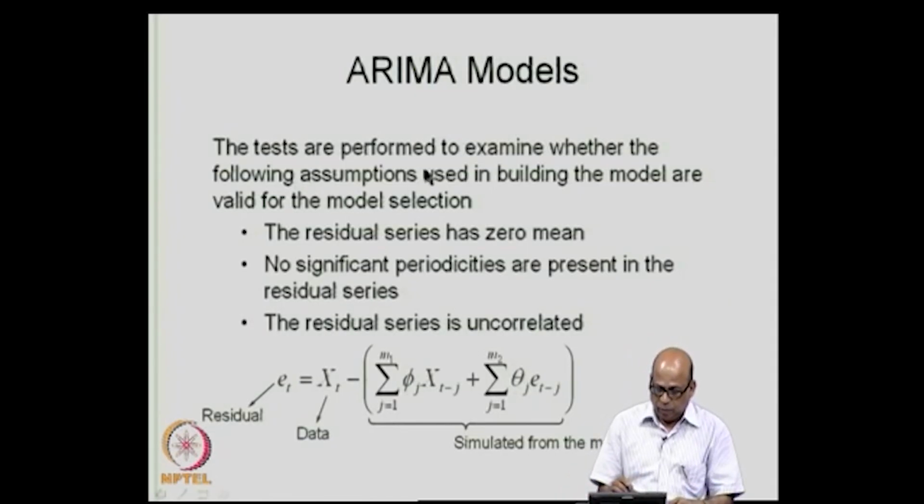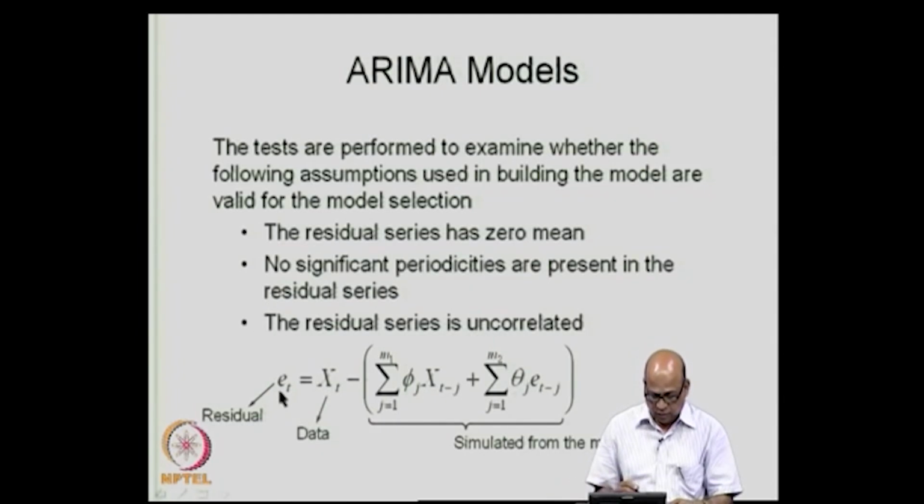So, we perform the test. We examine whether these assumptions that we have made hold: that the residual series has a 0 mean, no significant periodicities are present in it, and that it is uncorrelated. How do we formulate the residual series?